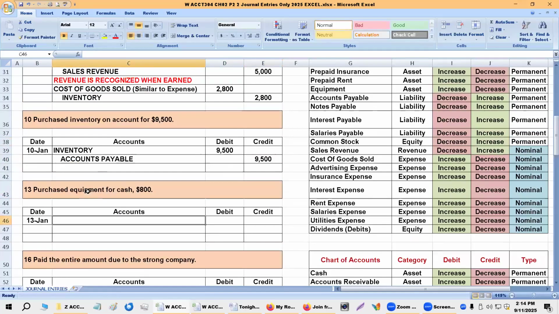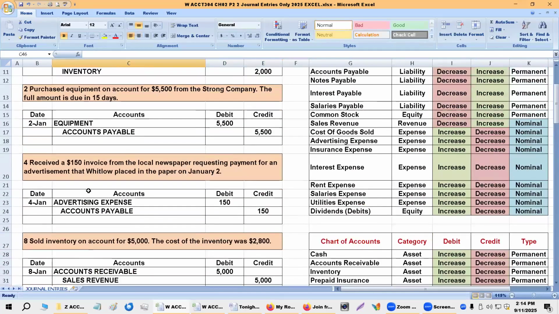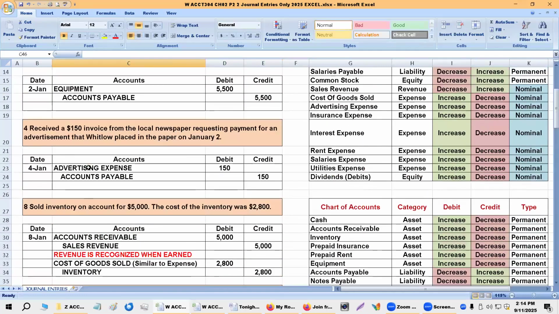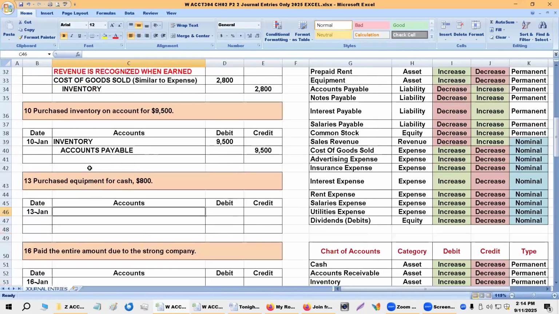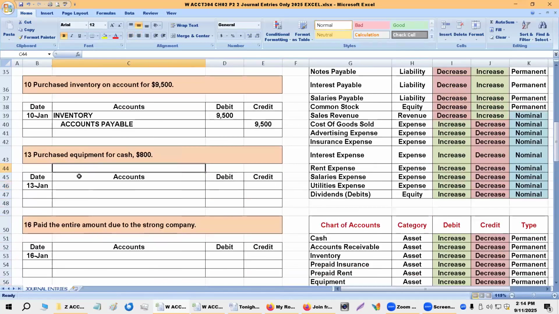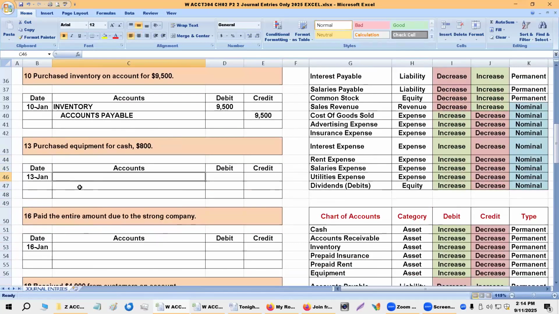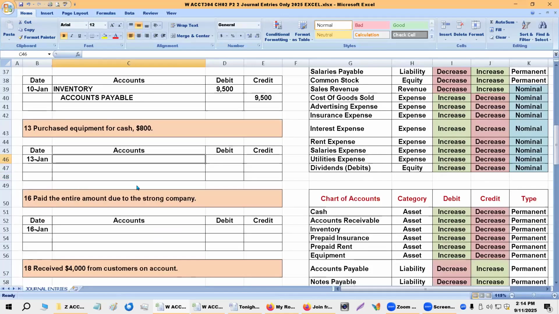Purchased equipment for cash. Okay, so this one bought it on account. Wait, is that the same one? Yeah, on the 15th. No, this is a separate transaction. Okay, so this will be equipment, 800, and we paid them cash. This is just swapping one asset for another.